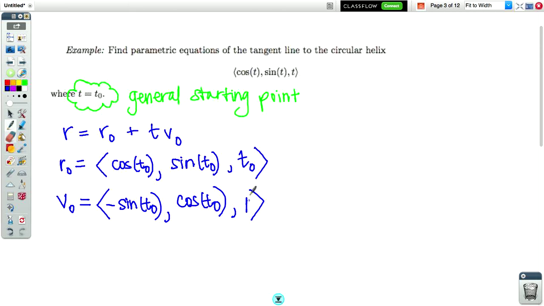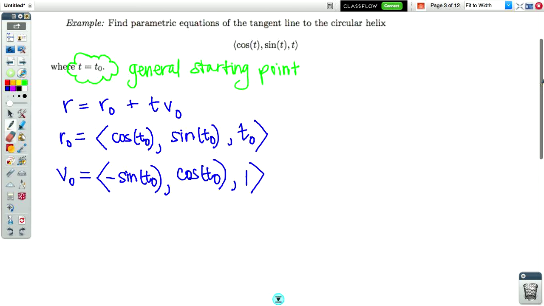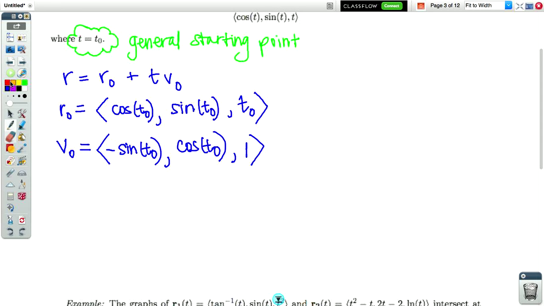And the equation of the tangent line then is just this starting point plus really any multiple of this tangent vector. So let's add those two together. I'm going to have my starting point, so cosine of t sub 0, sine t sub 0, and then just regular old t sub 0, and then plus, now I'm going to multiply each of these components by t, because I really want to have any multiple of my tangent vector.